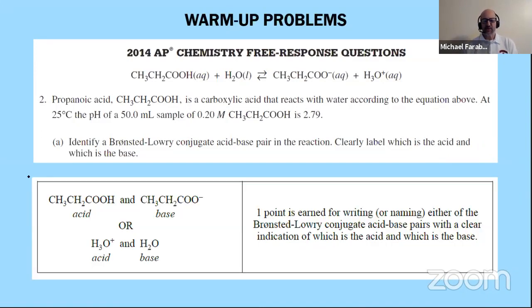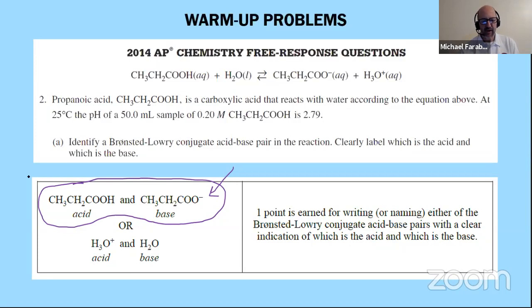So as you can see, there were 2 acceptable answers to this question. Students could either have chosen this pair, which is the propanoic acid and then the corresponding ion. Now again, don't forget, if you're writing these things down on your paper, include charges. There is a difference between a molecule and a polyatomic ion, so that charge is important.